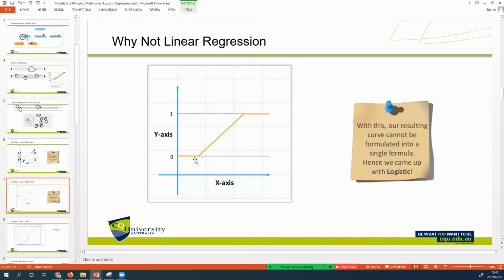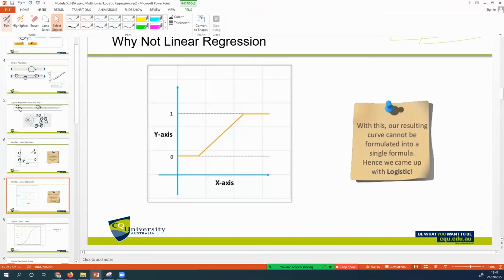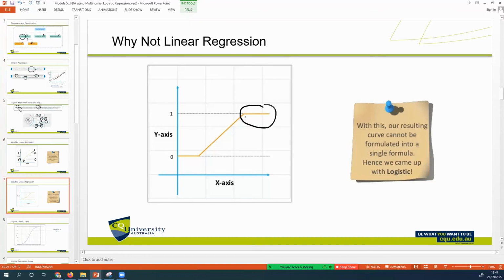That's why we need to have the line bending up like this. Yeah? So we need to bend the line with the maximum of 1 and minimum of 0. That's where we come up with logistic regression.